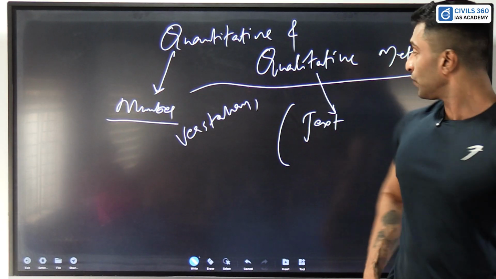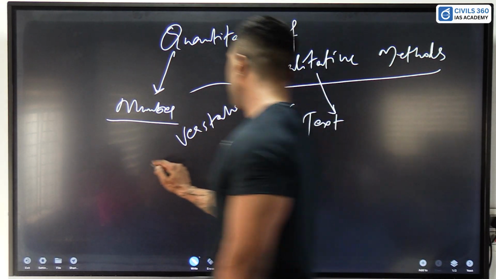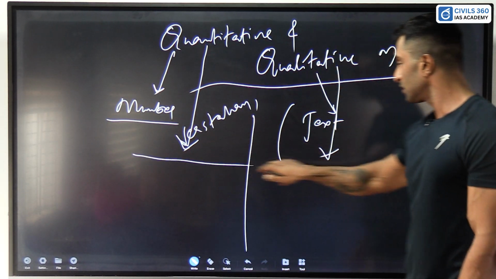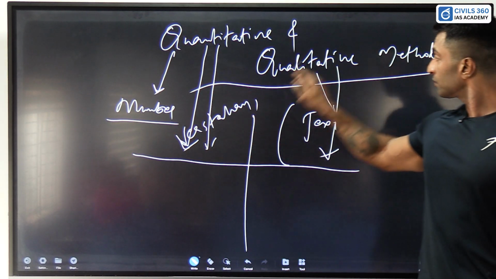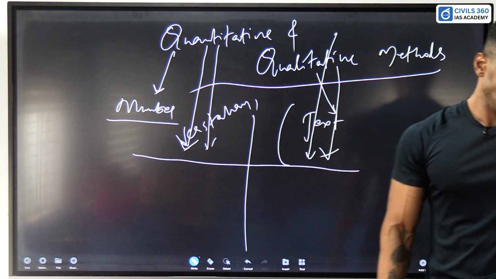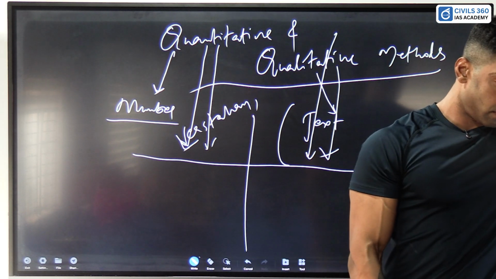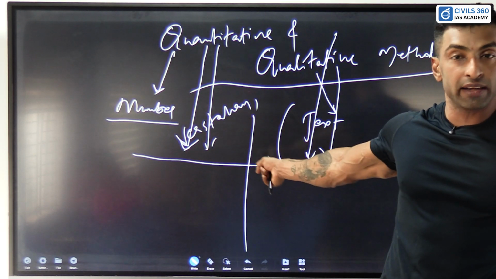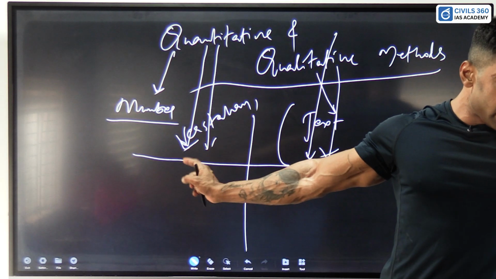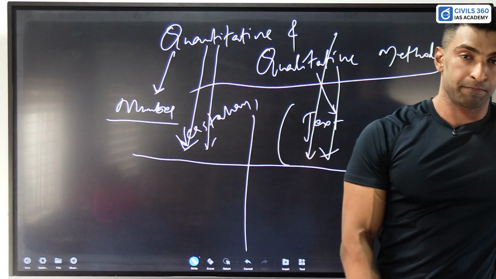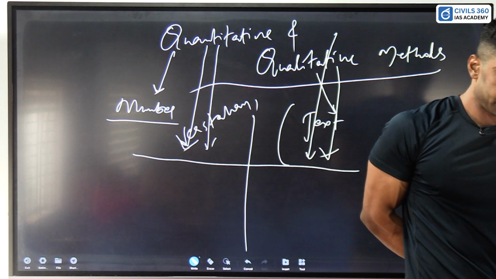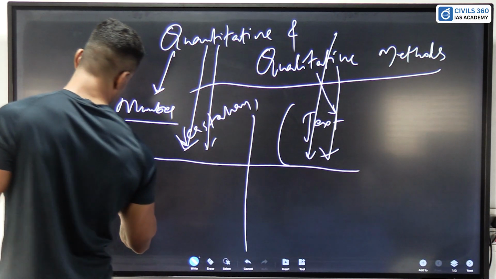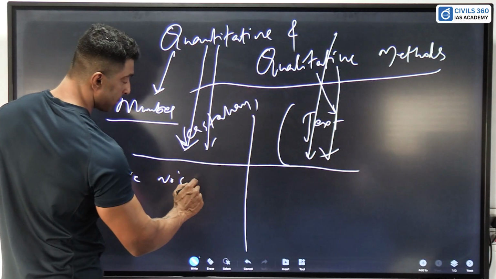Before writing the conclusion, do one thing: make a table, quantitative and qualitative. We'll just make a small comparison. Write quantitative here, qualitative here. I will tell what you need to write in quantitative. You need to tell me what you should be writing in qualitative. That's the opposite. So in quantitative you write: uses numbers, facts, statistics.